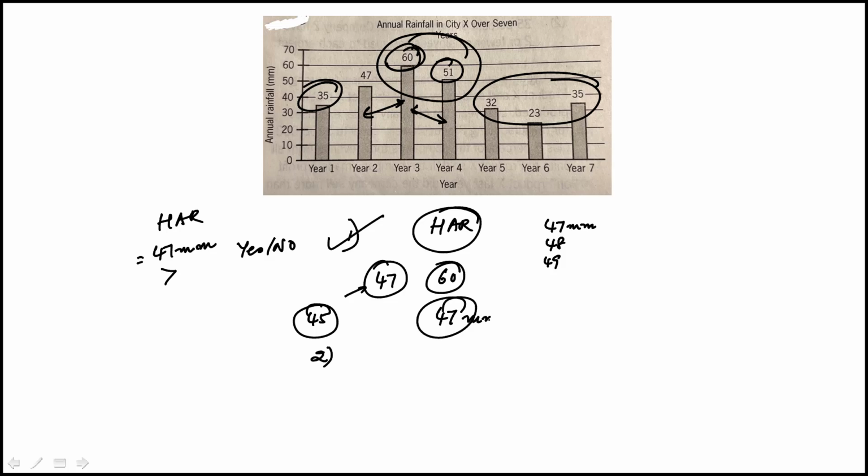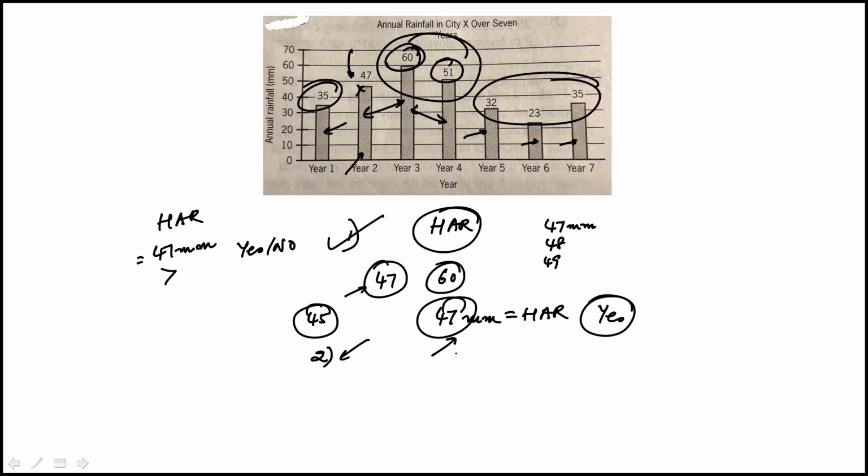If, let's say, the HAR happened to be 47, it would satisfy the statement because in exactly 4 years the annual rainfall would be less than that. Here it's equal, because note it's "less than", so it doesn't count the year 2 data. And in this case, the answer to the question would be yes, it's 47 mm.